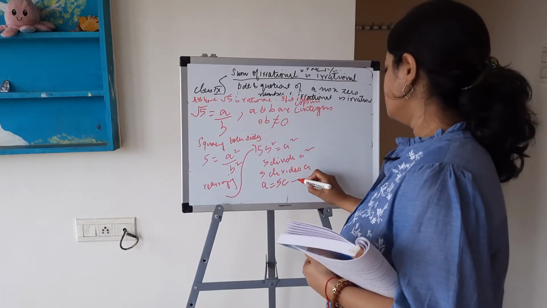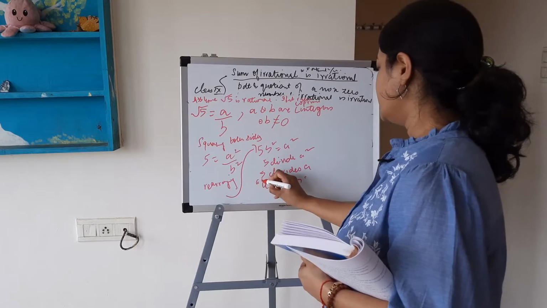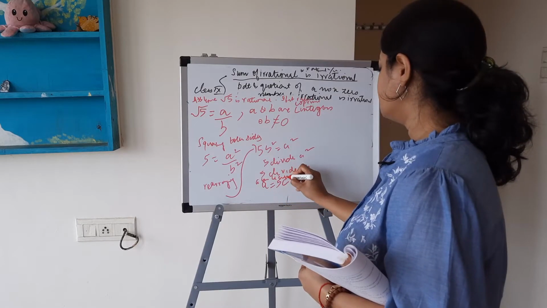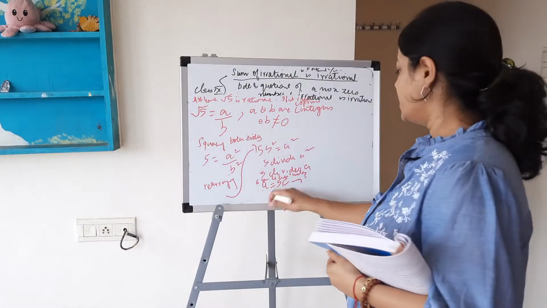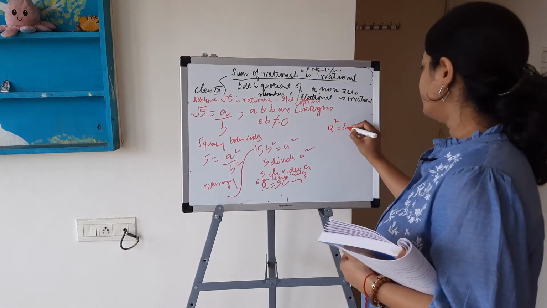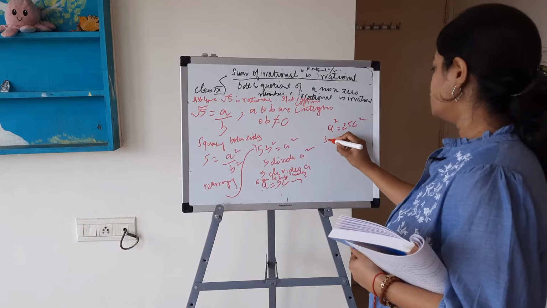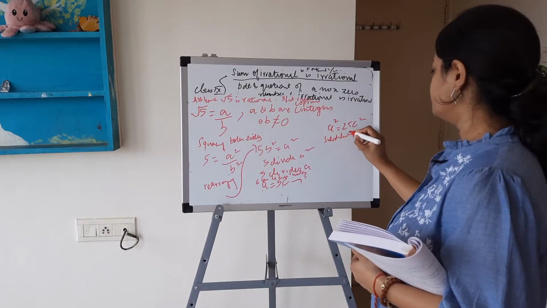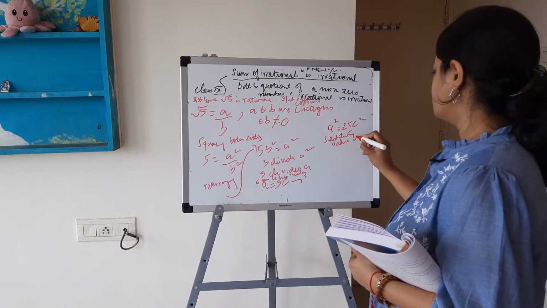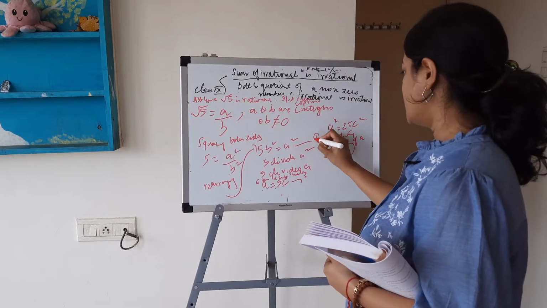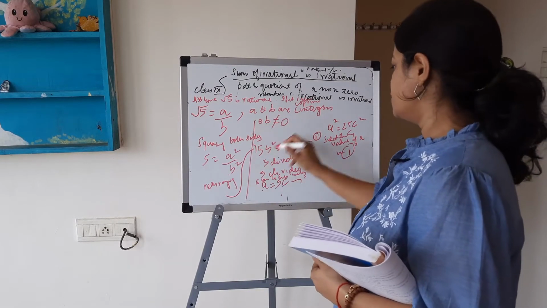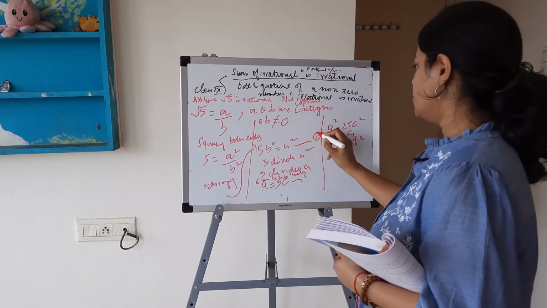So you can write before this, a can be expressed as a equal to 5c. So if a equal to 5c, then a square is equal to 25c square. Now substituting the value of a square in 1. What is 1? This is 1. When you are writing in your answer sheet, you need to specify 1.